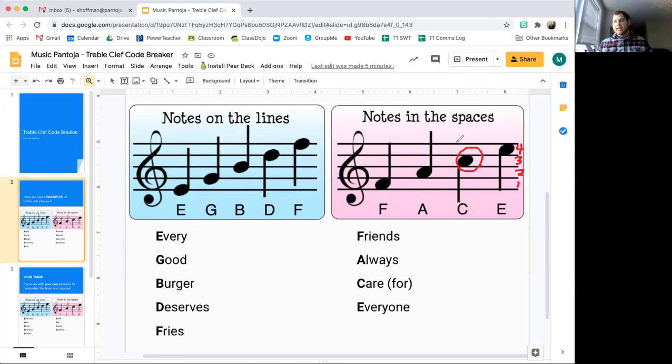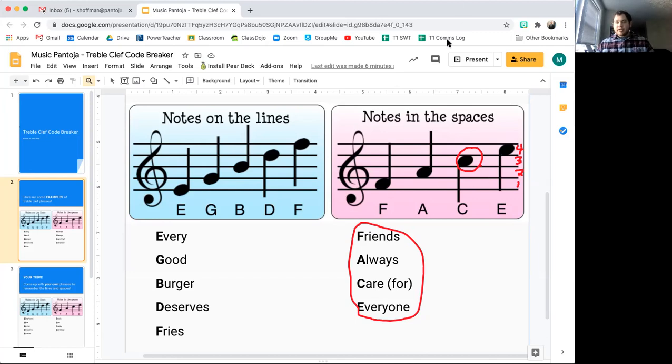So I can know that that's C, or I can use my phrase here, friends always care for everyone. Now that word for isn't really part of our phrase, it's just there to make the sentence work. But you'll see on my next slide I have another example without any extra words. So I can go, friends always care. Care starts with C, so it's a C.